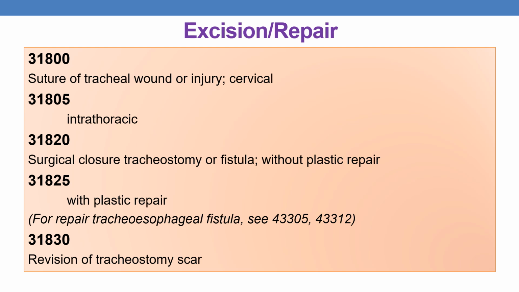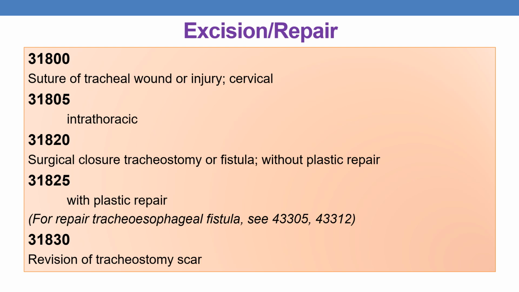The next is 31820. It deals with surgical closure, tracheostomy or fistula without plastic repair. If it is done with the plastic repair, the CPT is 31825. And for repair of tracheoesophageal fistula, 43305 to 43312.